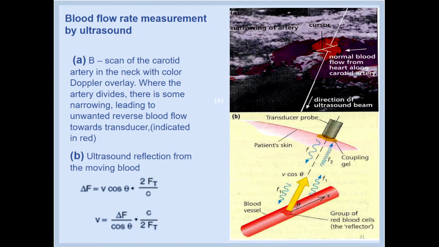Since these are generally superficial, attenuation is consequently less important than with deeper structures, and higher ultrasound frequencies in the range between 5 and 15 megahertz are used, giving better resolution. Even at 15 megahertz, resolution is no better than 0.1 millimeter.